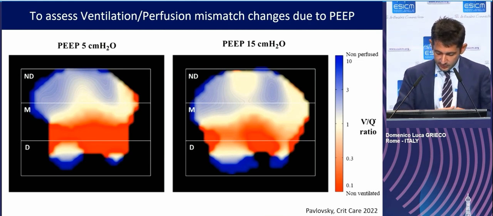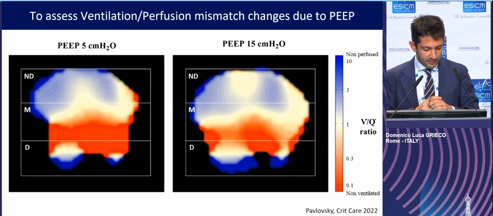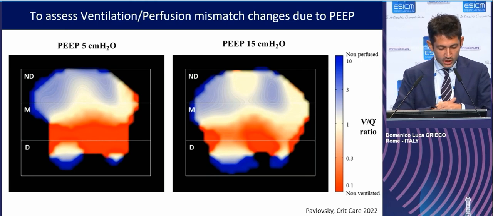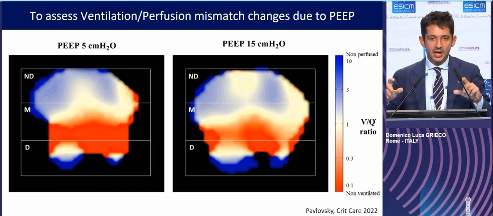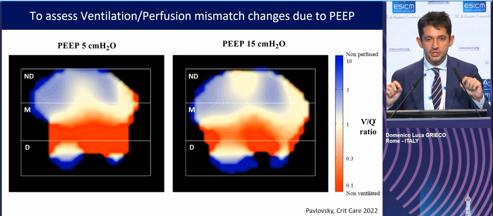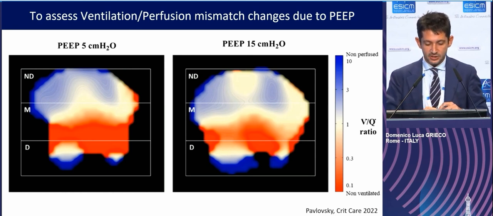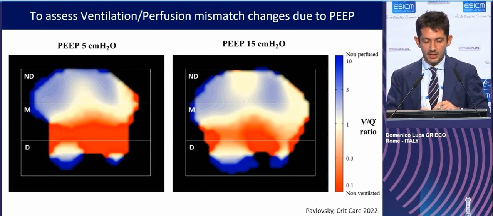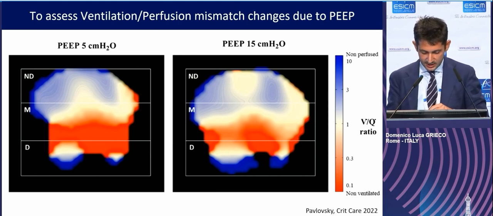And this has been recently shown by the group of Tommaso Mauri and Antonio Pesenti, in a study in which they actually showed that it is possible to determine the effect of PEEP in terms of ventilation and perfusion matching in patients with ARDS with this technique.